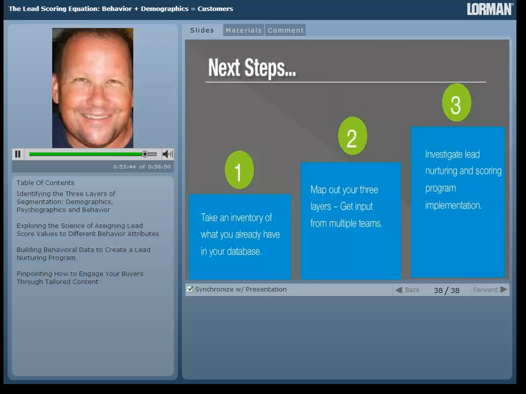That's a really smart way to go about it, especially if you're first starting out in lead nurturing and lead scoring: doing some analysis on your customer base and replicating that in your scoring model.